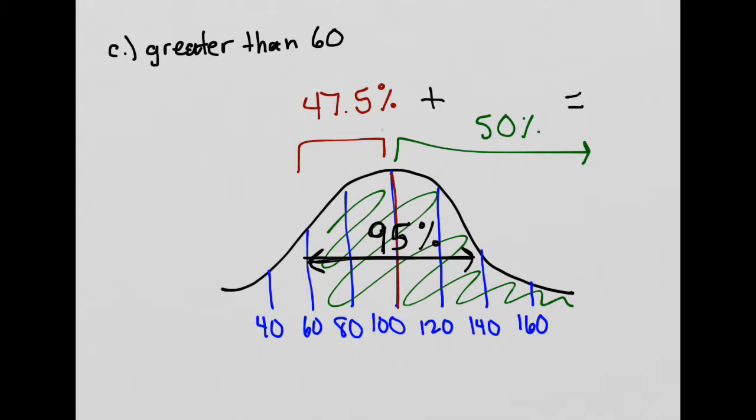So again, we get 97.5, oops, that's supposed to be a percent sign. Sorry, it's kind of hard to draw with this sometimes.